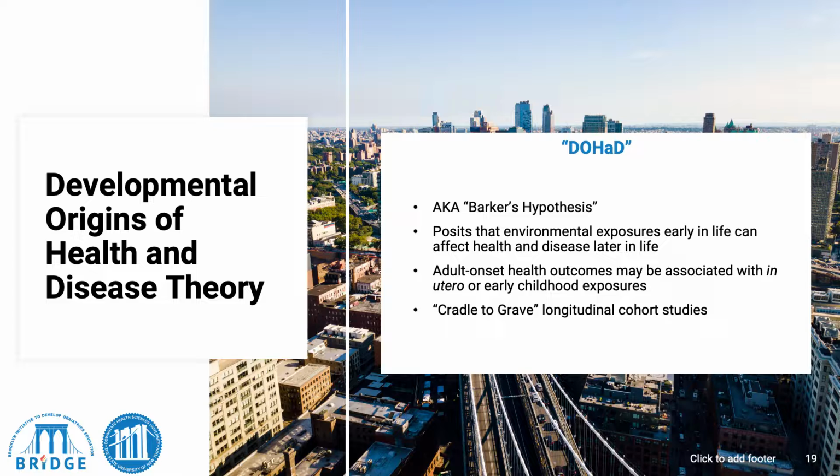So it basically says that exposures that we receive early in life, and that can be defined in different ways, whether it's prenatal, so in utero, or whether that is something that happens during early childhood, middle childhood, late childhood, adolescence, whether it's multiple exposures, chronic exposure, one-time exposure, those exposures are going to affect us throughout life. So adult onset health outcomes may be, depending again on the exposures, associated with an exposure that happens early in life, and then you carry it through your life.